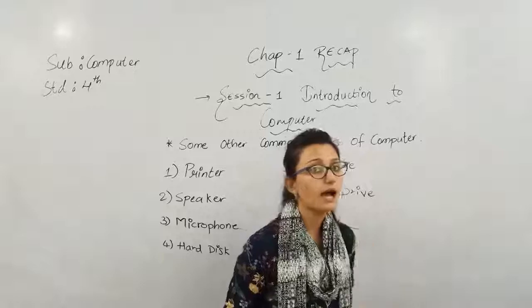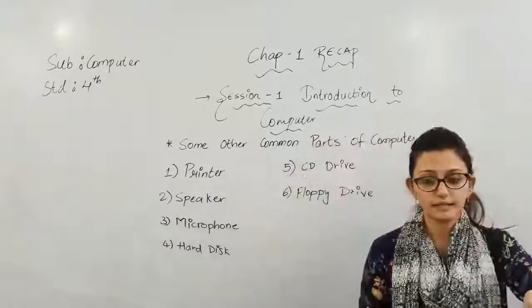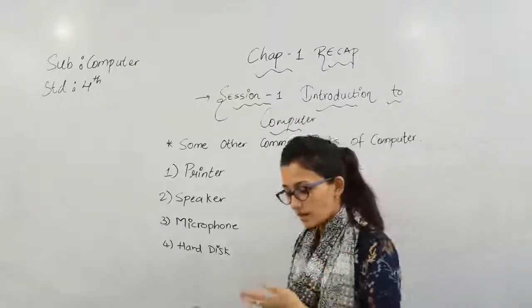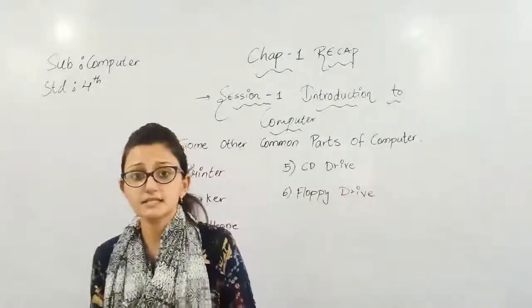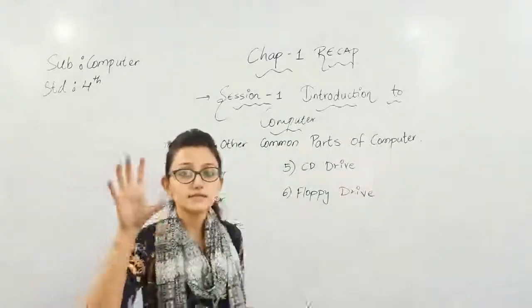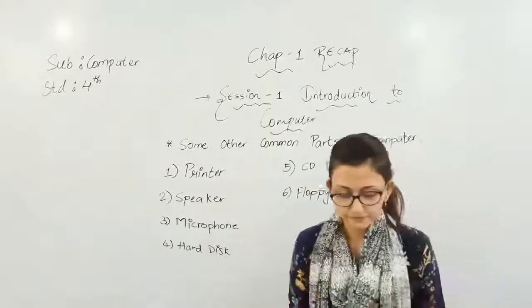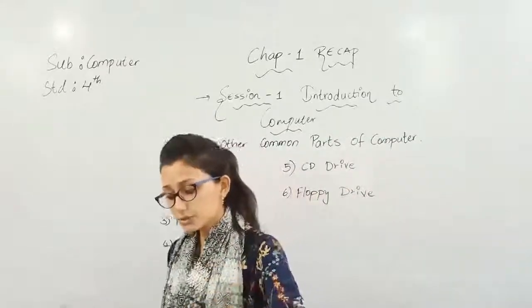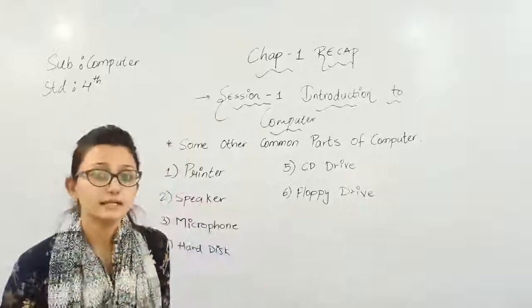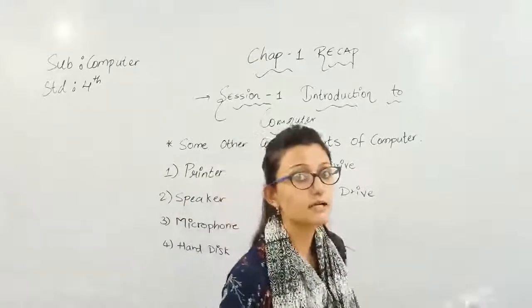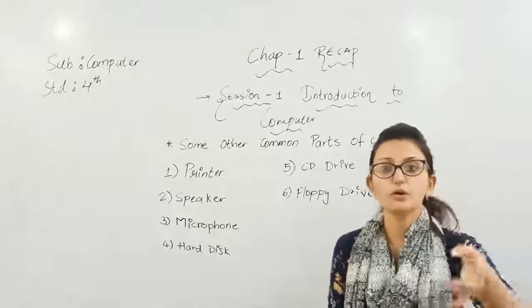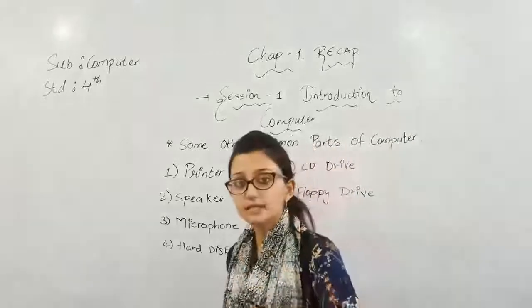Next one is the hard disk. A hard disk is like the memory of a computer, and the CPU stores the hard disk inside it. The hard disks are used to store pictures and text.